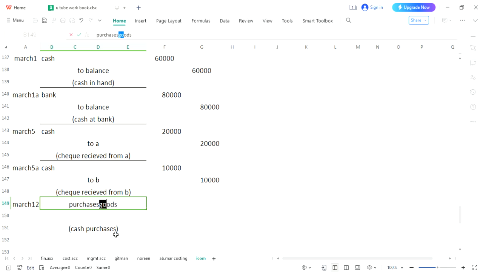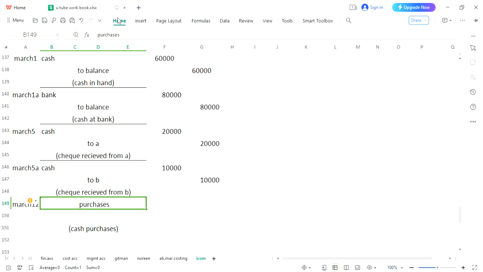Goods was written just for reference. You do not need to write it over here; you can erase it. So purchase is debited.